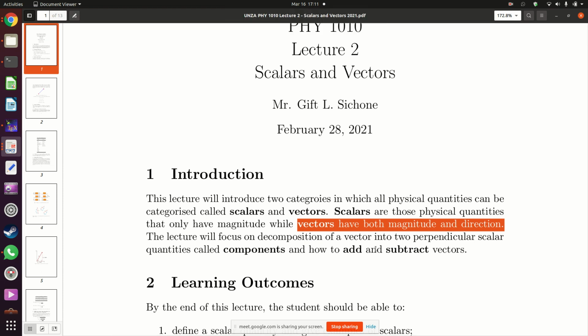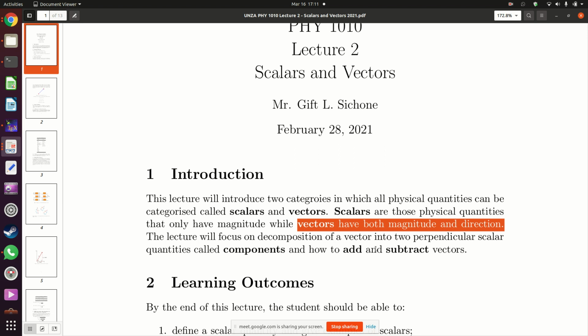If you tell someone you ran a distance or you walked a distance of 100 meters, that information just tells us the size of the length or the distance you covered. It does not say anything about in which direction this distance was covered.